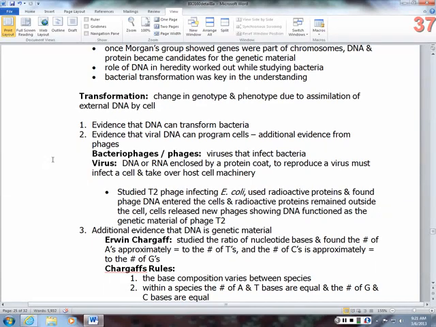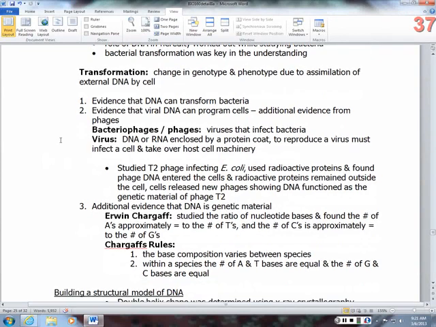So there was the evidence that DNA can transform bacteria, by those cells that were put into that environment with the DNA. And there was also the evidence that viral DNA can program cells, through studying bacteriophages or phages, which are just viruses that infect bacteria. A virus is basically DNA or RNA enclosed by a protein coat.